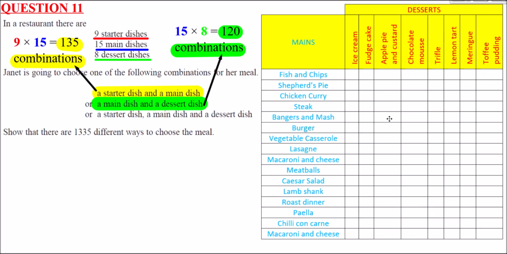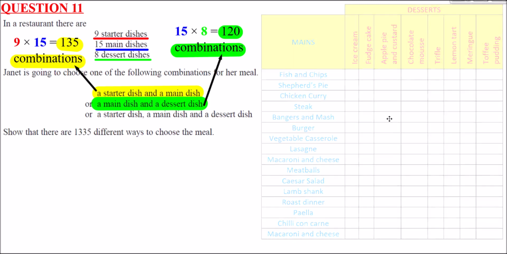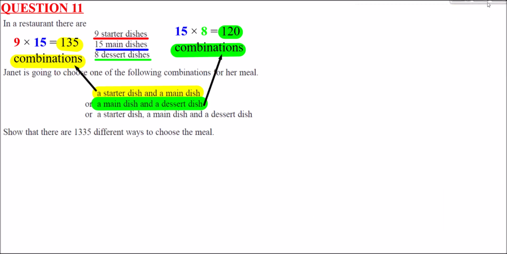Next up, what if she had one of each? What if she splashed out, she had a starter, a main, and a dessert dish? So if you were to do that, we could split this up into 2. So a starter and a main, well, we know this already. So the starter and a main, from before, that's 135 combinations.